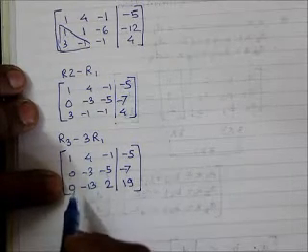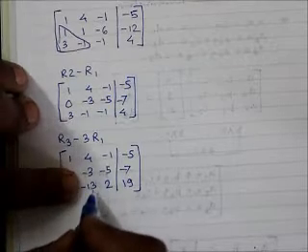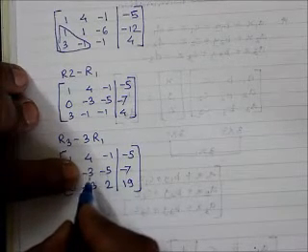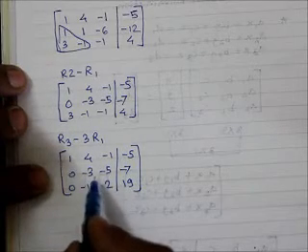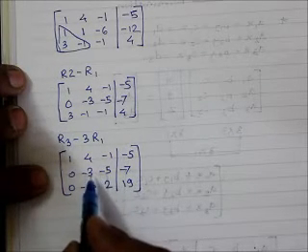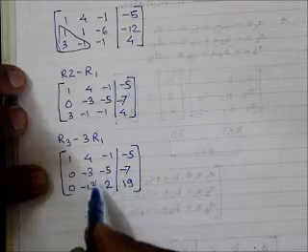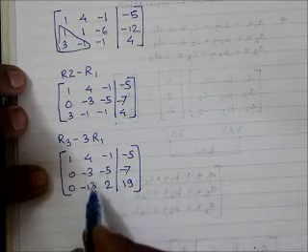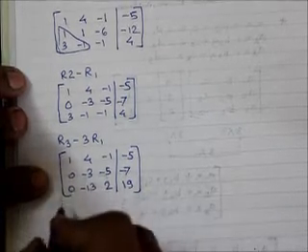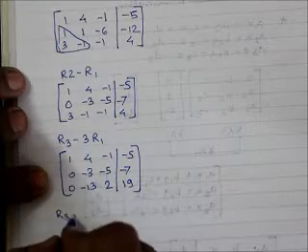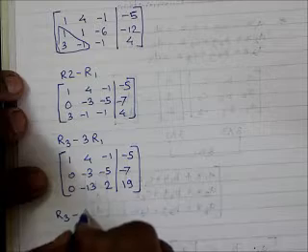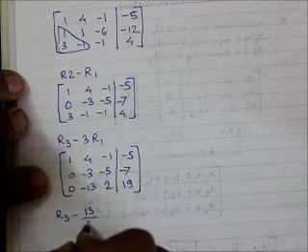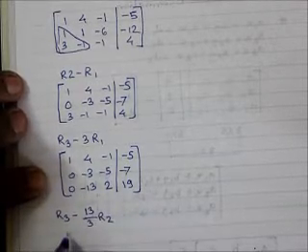Finally there's a minus 13 here, there is a minus 3 here, right? So if I multiply this row by 13 by 3 and subtract it from this one, that should give me a 0 here. So R3 minus 13 by 3 R2.